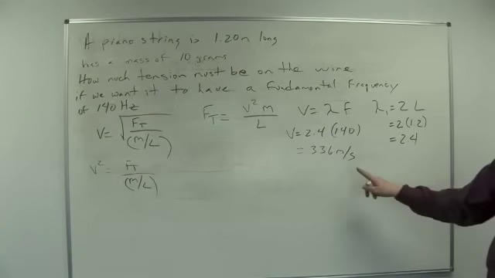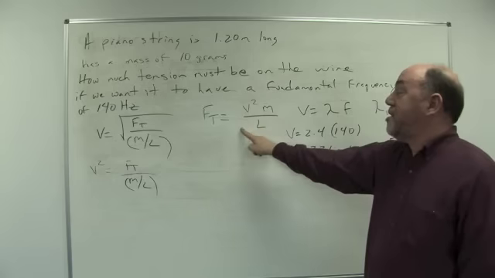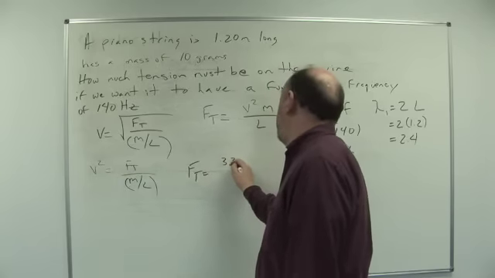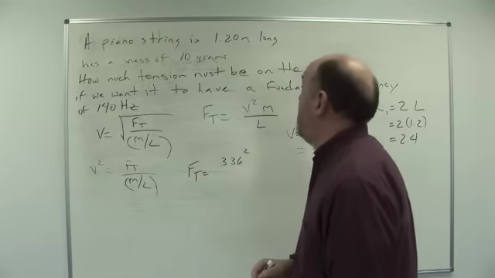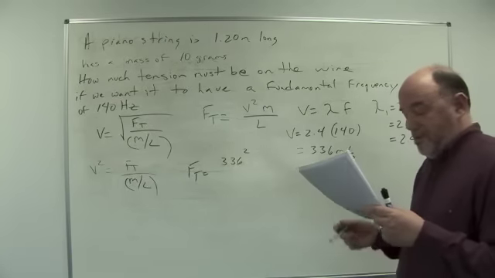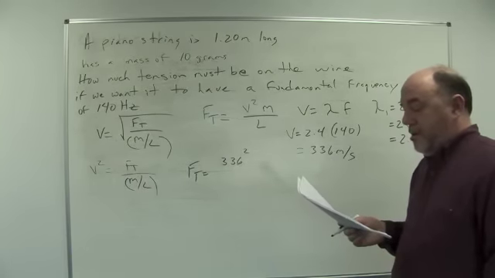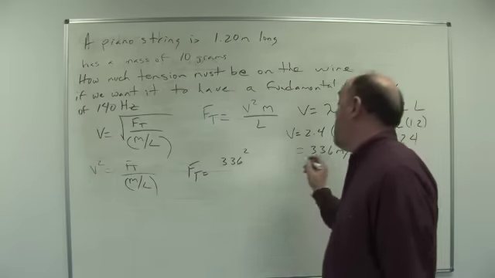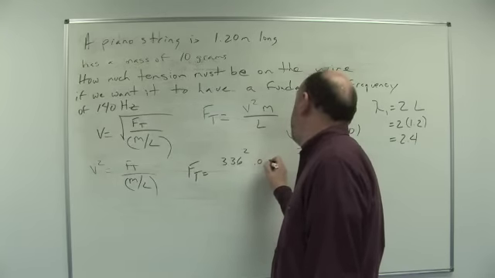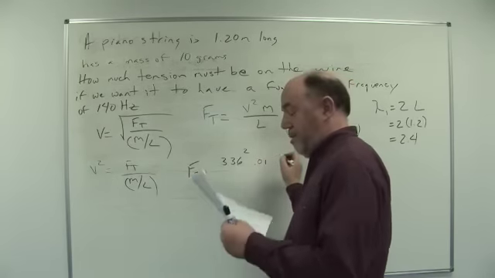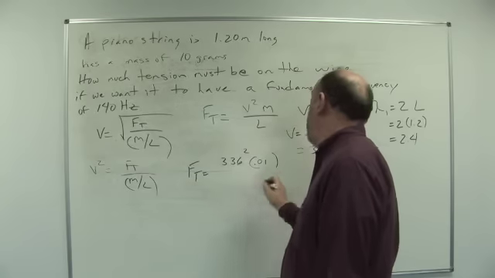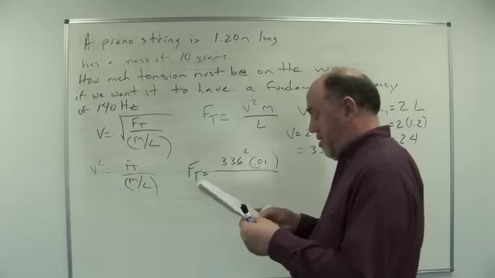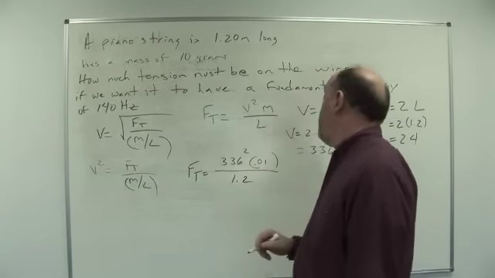So now we can take this number and plug it in, and we get that the tension in the wire will be given by 336 squared times the mass of the wire, which was 10 grams, and we need to convert that into kilograms, so that's 0.01, divided by the length of my wire, which was 1.2.